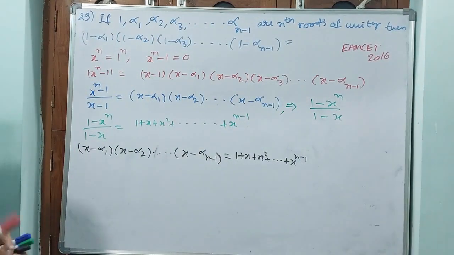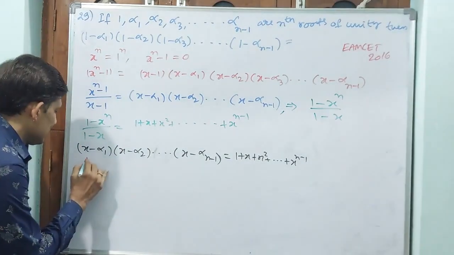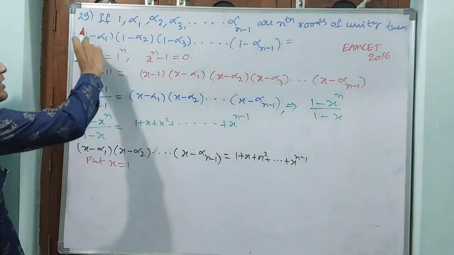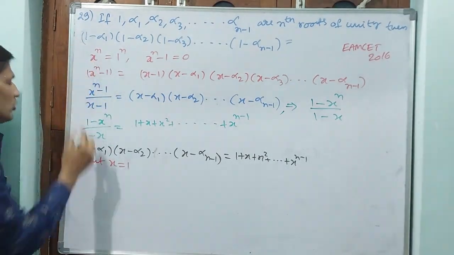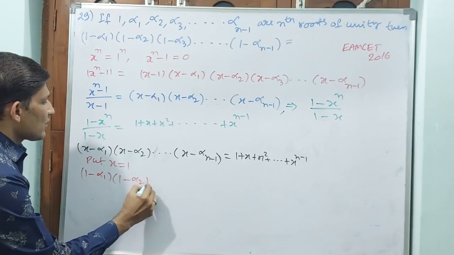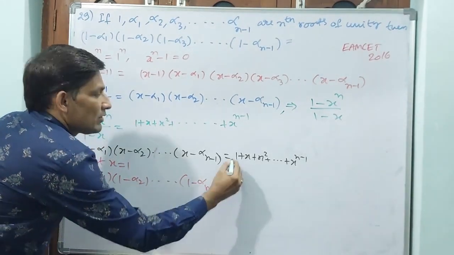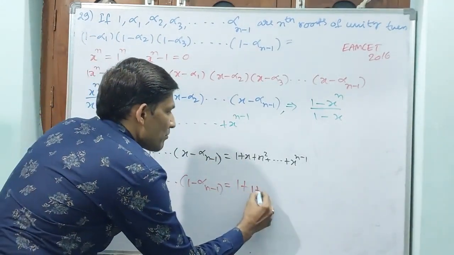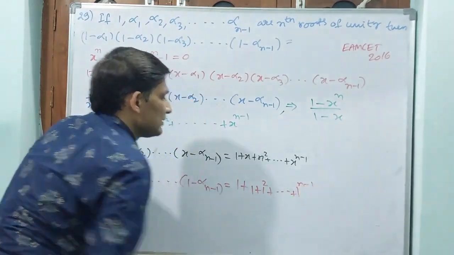Okay. Now what I want to do, put x is equal to 1, right? Then your requirement is going to be fulfilled. You see, put x is equal to 1 means 1 minus alpha 1 into 1 minus alpha 2 into 1 minus alpha n minus 1 is equal to, 1 is 1 only. In place of x only you are going to give 1. 1 plus 1 square plus 1 to the power of n minus 1.